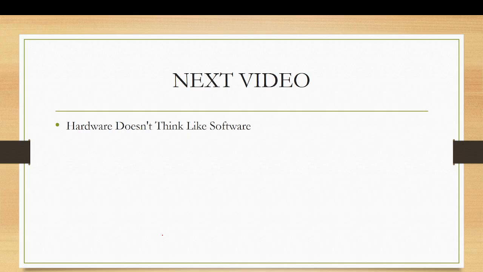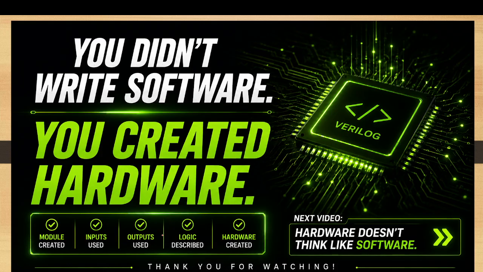We will discover hardware doesn't think like software. And trust me, that's where things start getting really interesting. You didn't write software, you created hardware. You created a module, inputs used, output used, logic described, hardware created. So see you in video 3. Hardware doesn't think like software.